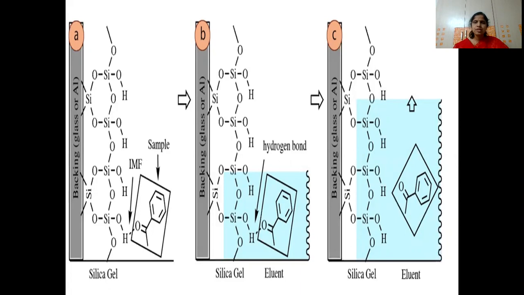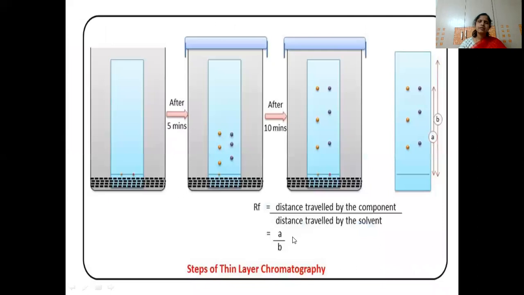So it travels to a lesser extent, slowly compared to the mobile phase, or compared with the other components present in the mixture. This is how the sample gets bound, adsorbed onto the silica gel, and when you run it, the mobile phase will drag the sample, and after some time you can see the spots.